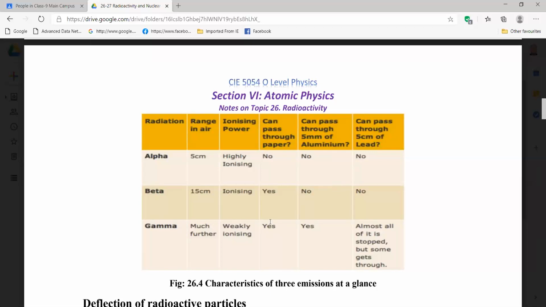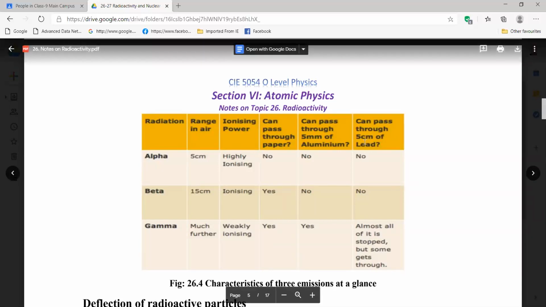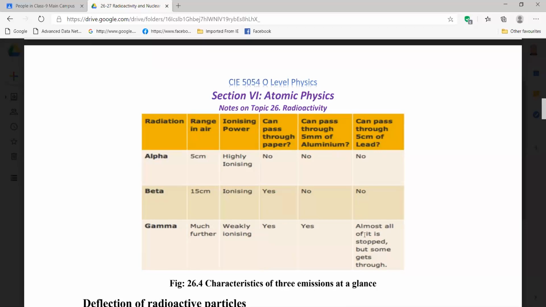Then gamma can pass through the paper and the aluminum, and almost all of it is stopped, but some gets through. That means only 5 centimeter of lead can stop gamma, otherwise it will go. It has most penetrating power.